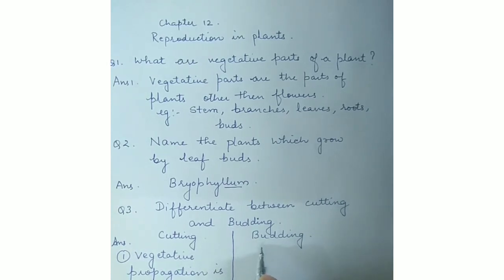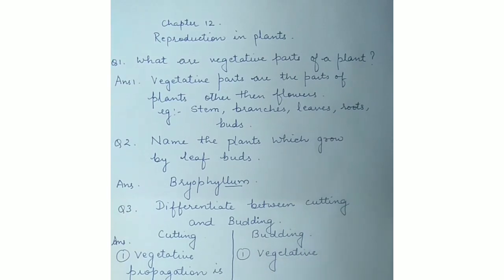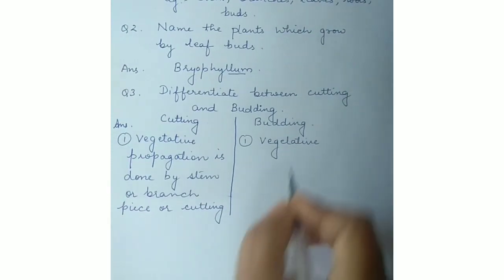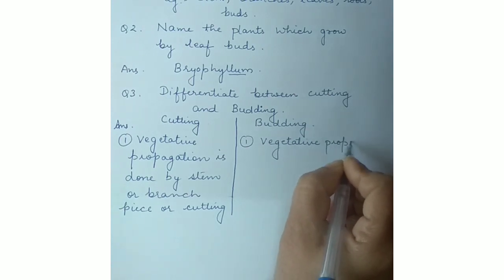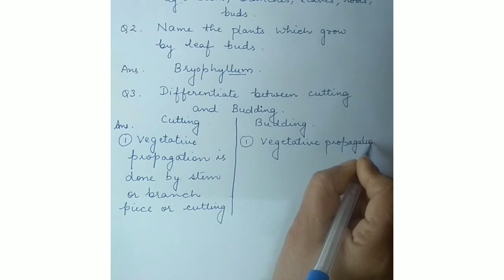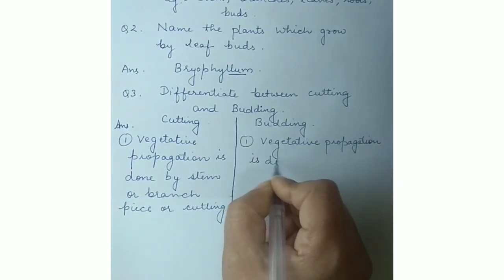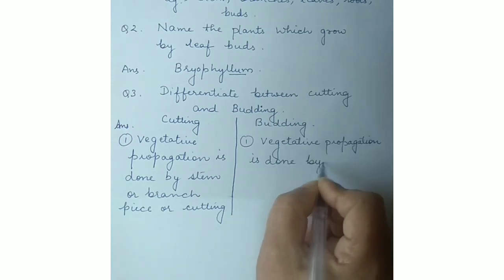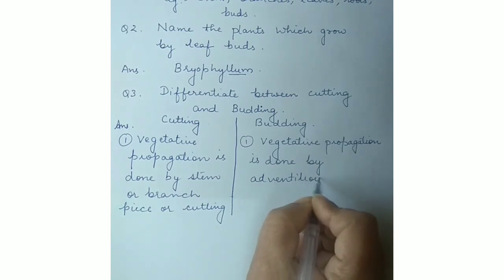Now in case of budding, the vegetative propagation is done by the adventitious buds. Write down vegetative propagation is done by adventitious.